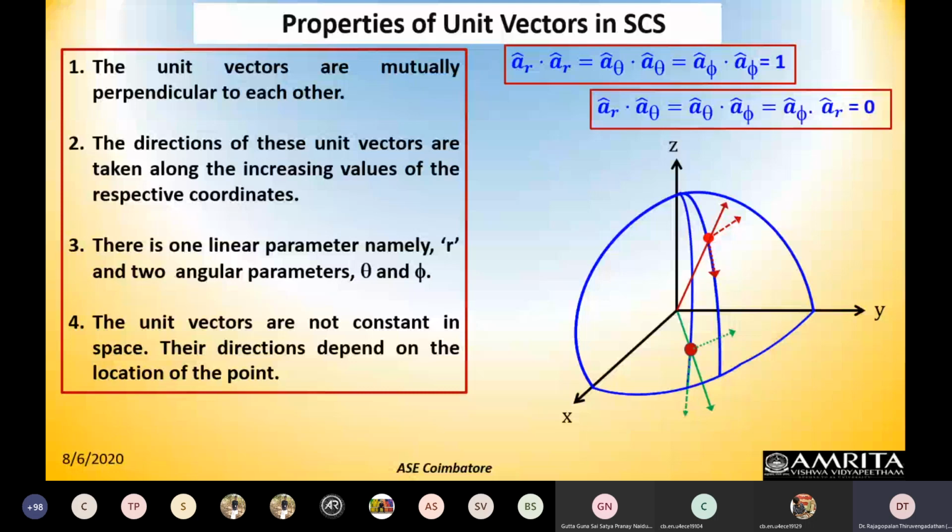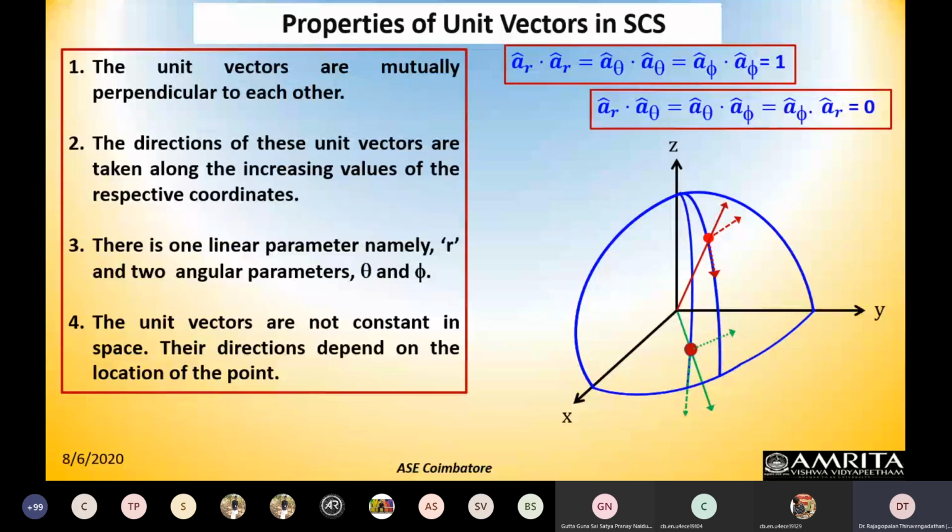The angle between the unit vectors is 90 degrees, so cos 90 is 0. Therefore, the dot product vanishes between mutually perpendicular directions, and the dot product of a unit vector upon itself is 1, because cosine 0 is 1.